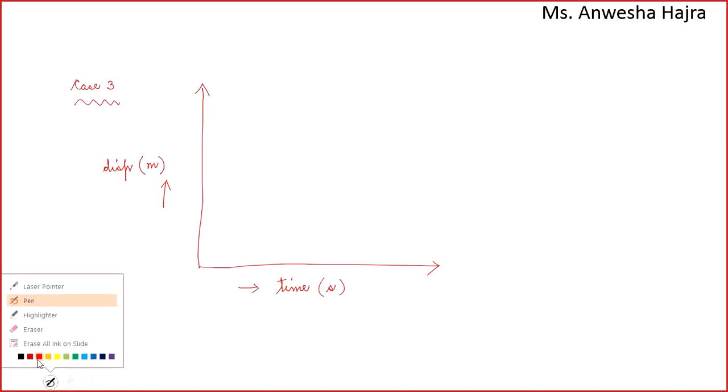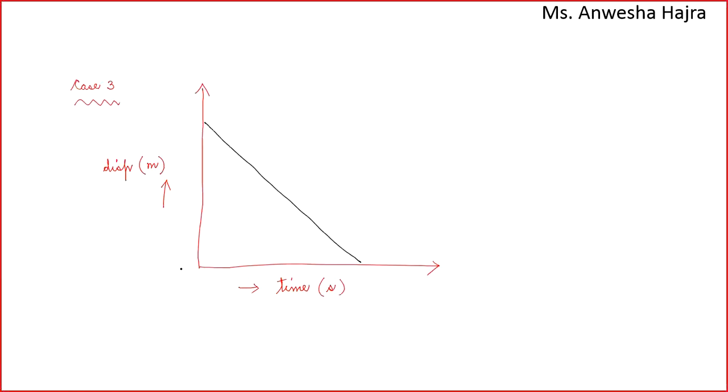And you have a graph like this. At 0 seconds, say displacement is 50. Say 1 second, displacement is 40.